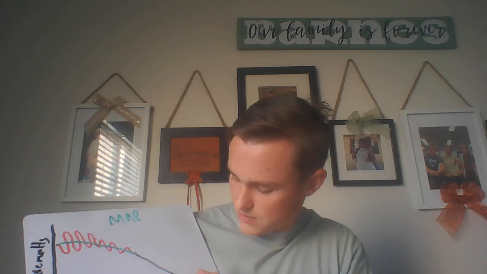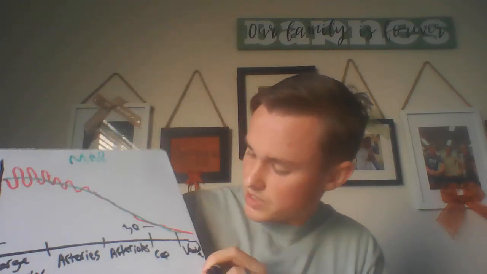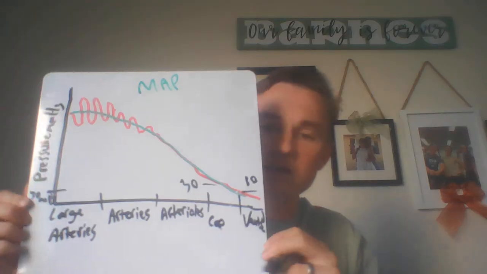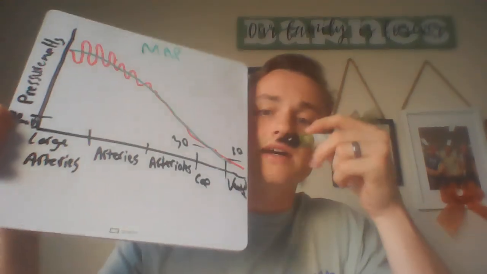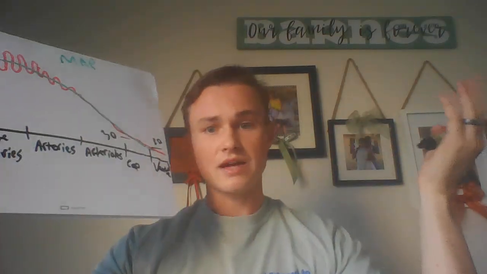That's about 30 right there. And then when you get down to the venules, it can be as low as 10, which is hardly anything at all.